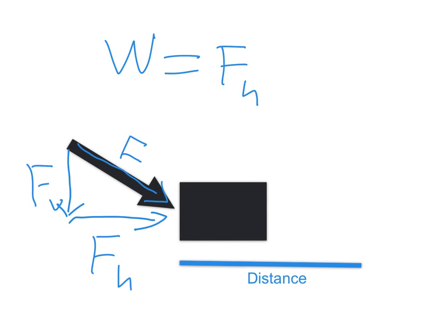So we're pushing with some total force at a downward angle, but we can separate this force into the part that's pushing sideways and the part that's pushing down. And only this horizontal part, the part that's pushing sideways, the way that the distance is moving, only that force would be part of the work. And so we would say the work is that force times the distance. And that's how we calculate work.